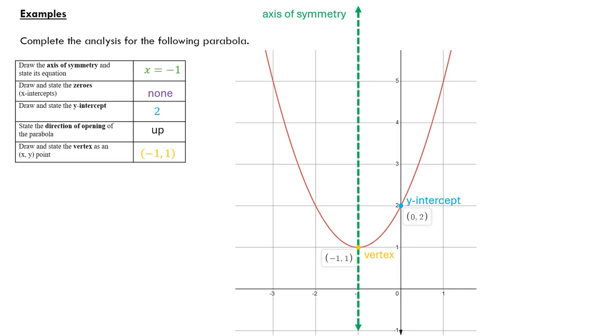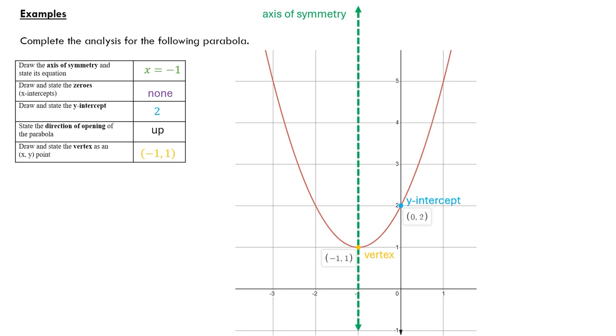In this example, once again, we're asked to draw the axis of symmetry. Well, we just find the vertex, the pointy end, and we draw an imaginary vertical line through the vertex and through the middle of the parabola. And at every point along this line, x has a value of negative 1. We don't have any x-intercepts or zeros in this particular example because the graph does not cross the x-axis.